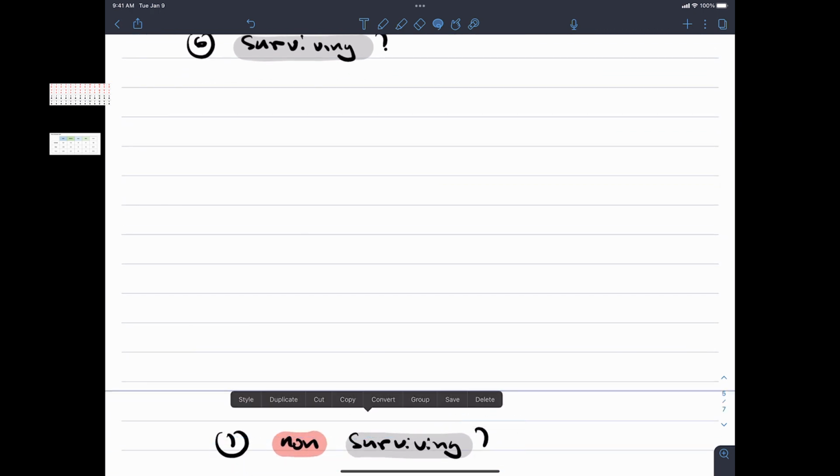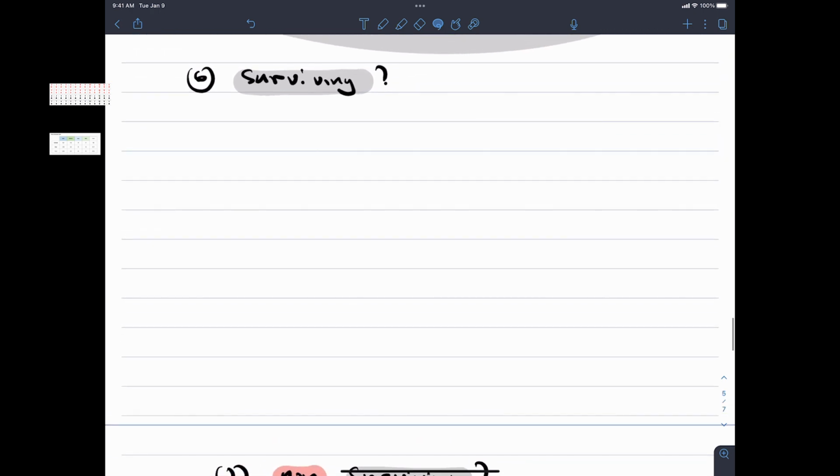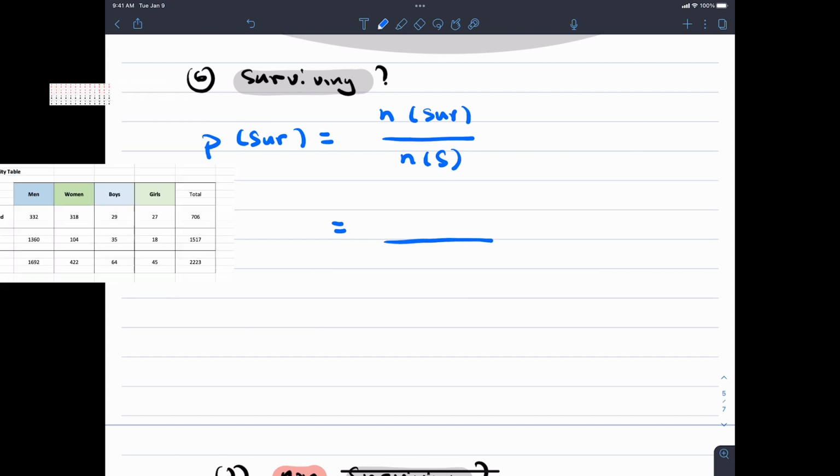All right. Believe it or not, there are people who survived the Titanic. What's the probability of surviving the Titanic? Do you guys know? This is going to be the number who survive out of the total. Let's see, how many people survived?